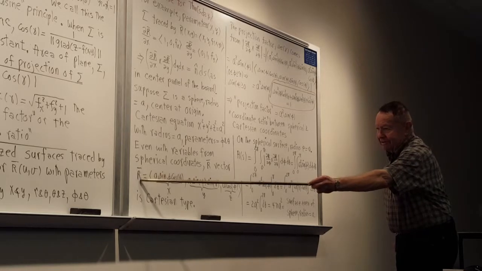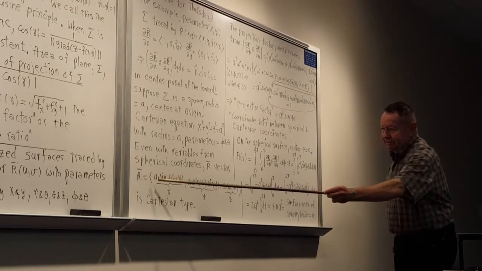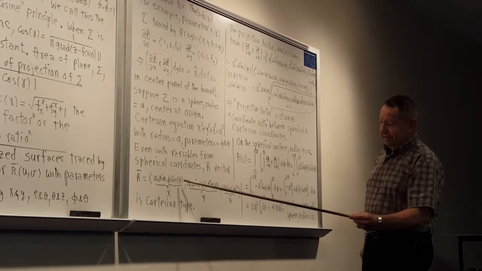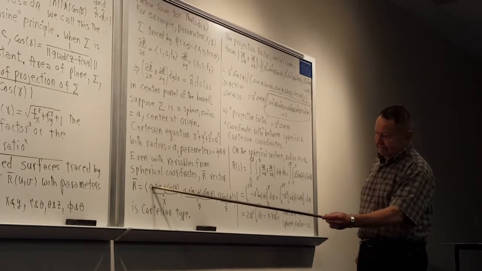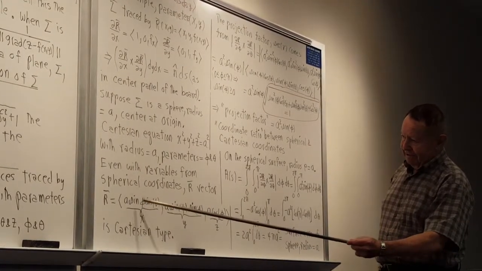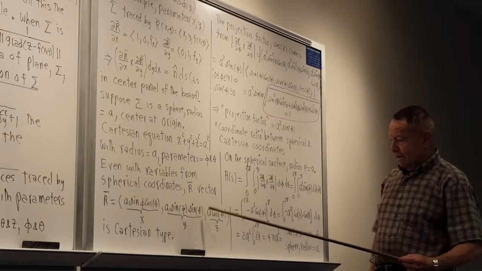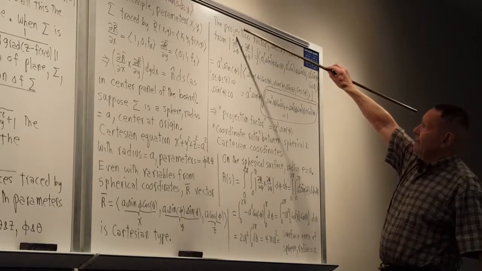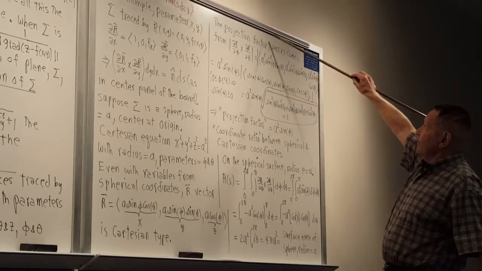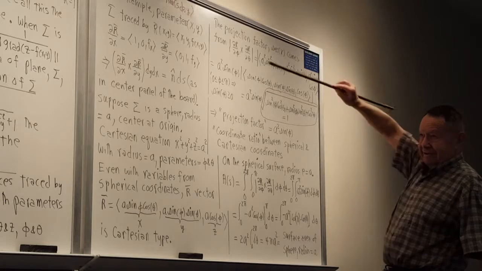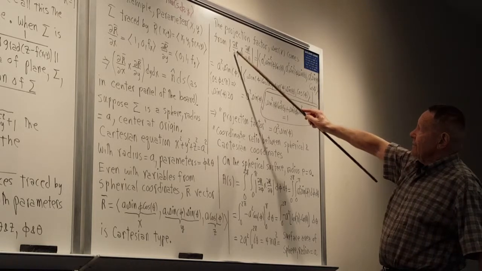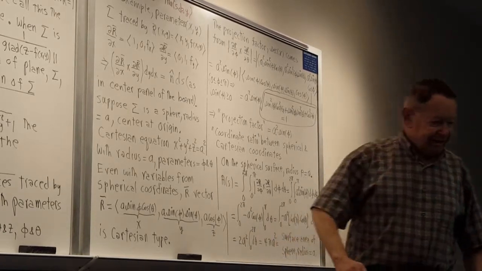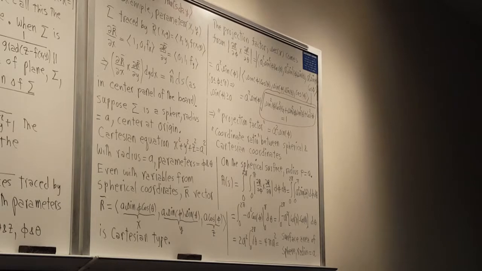I'm parameterizing the surface of the sphere with radius A using phi and theta parameters, and it's Cartesian because this is x, this is y, and this is z. So then my coordinate ratio or projection factor, which is like the secant of the angle there, is the magnitude of this cross product. So take a look at it while I fill some more paper.